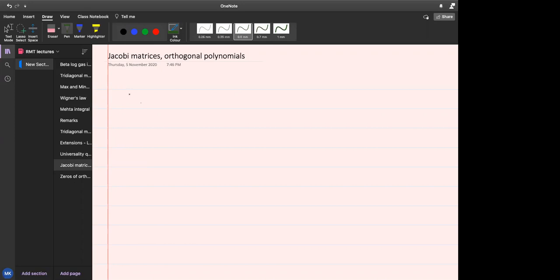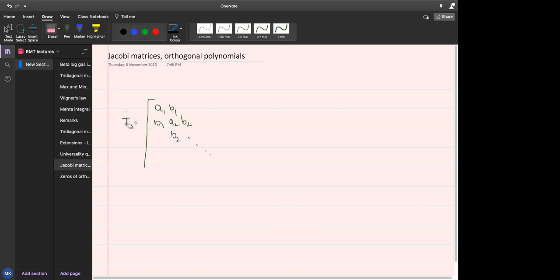So if you look at a tridiagonal matrix, let's take T, maybe an infinite one also.